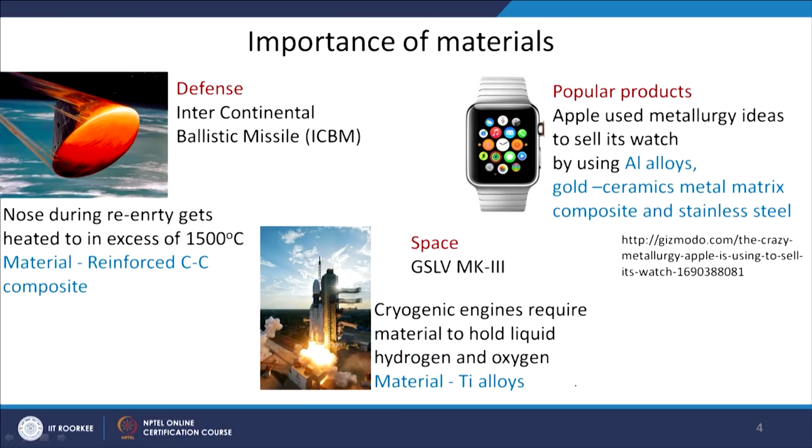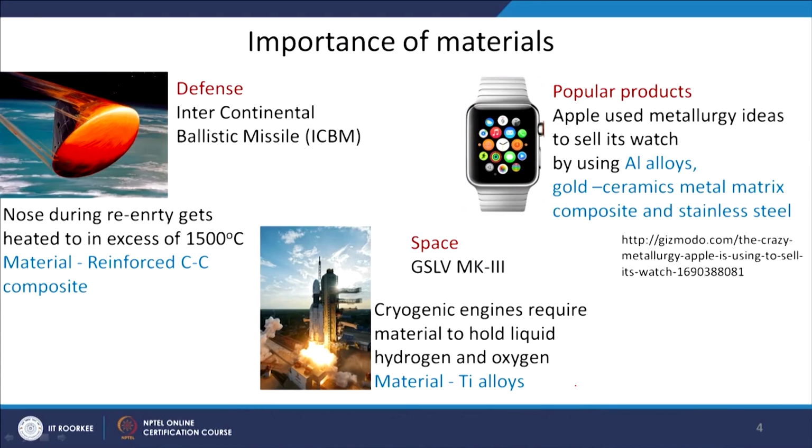Now, let us take a very popular product. Okay. So, Apple Watch was a craze, I think a couple of years back, when they launched it, and if you might have seen the initial promo videos which were there on the internet from Apple, a very significant segment of that video was devoted to metallurgical developments which they tried for making this watch.